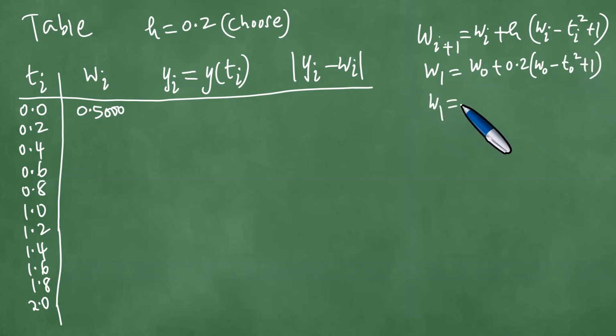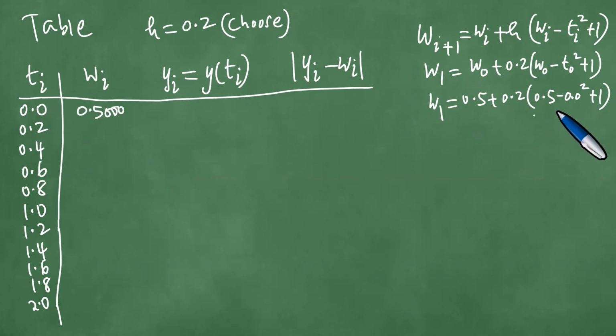W0 we saw is 0.5, and T0 is the beginning one, which is 0. So 0 squared plus 1.